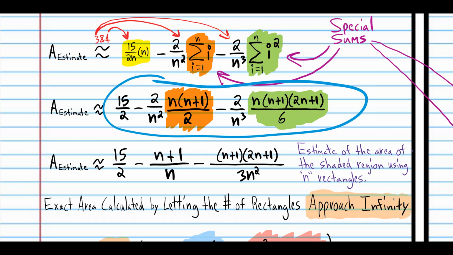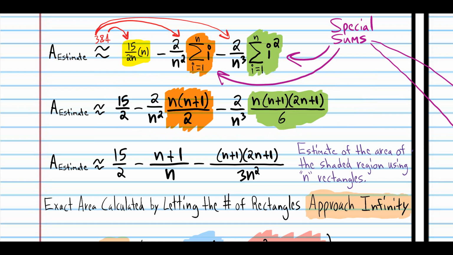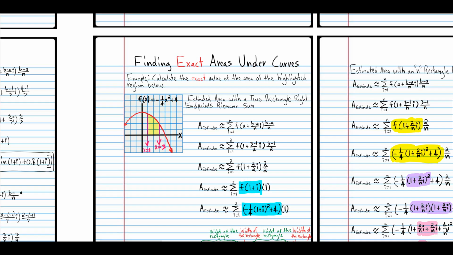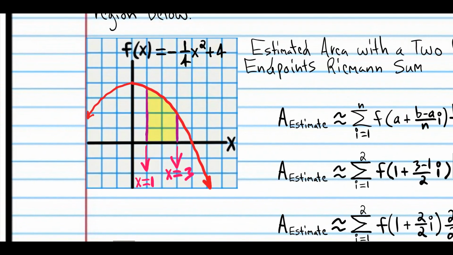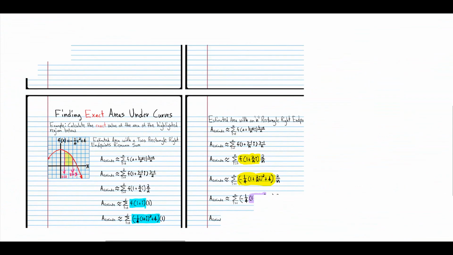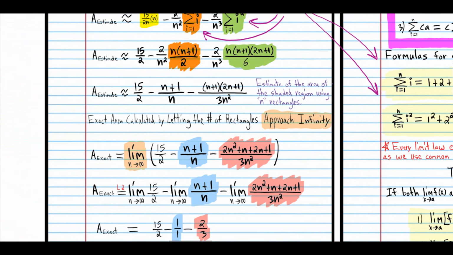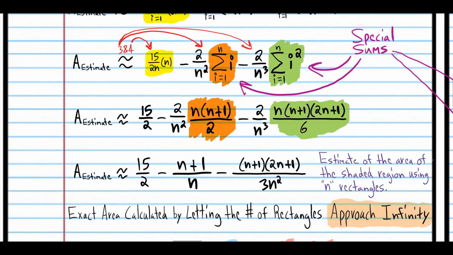Look at what we just did. This is an expression that represents an estimate of the area under the curve using a Riemann sum, rectangles. It represents an estimate using n rectangles.